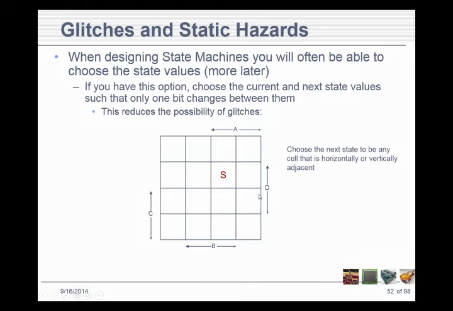And when you have more than one bit change in making a move, you have the possibility of creating a glitch. So to prevent the glitches, you try to go horizontal or vertical in moving from one cell to another in your count. And what that does is it ensures that you're only changing one variable at a time. One at a time.